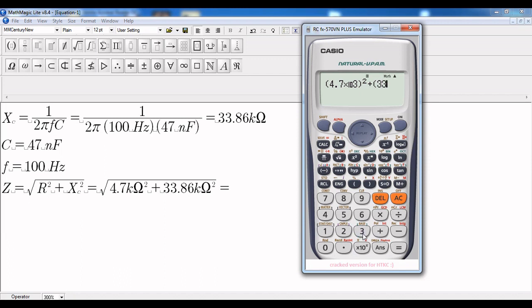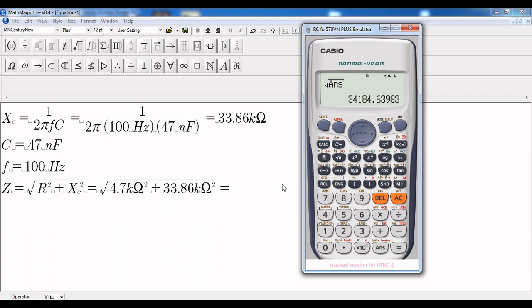Then 33.86, again kilo, and then x squared. So we get an answer from that. But again, I haven't included the square root yet. We can put the square root afterwards. Square root answer.